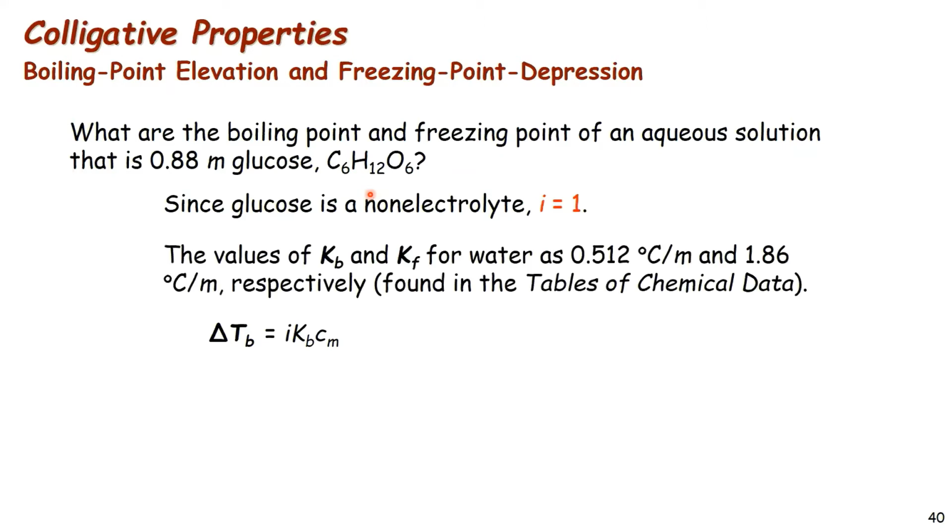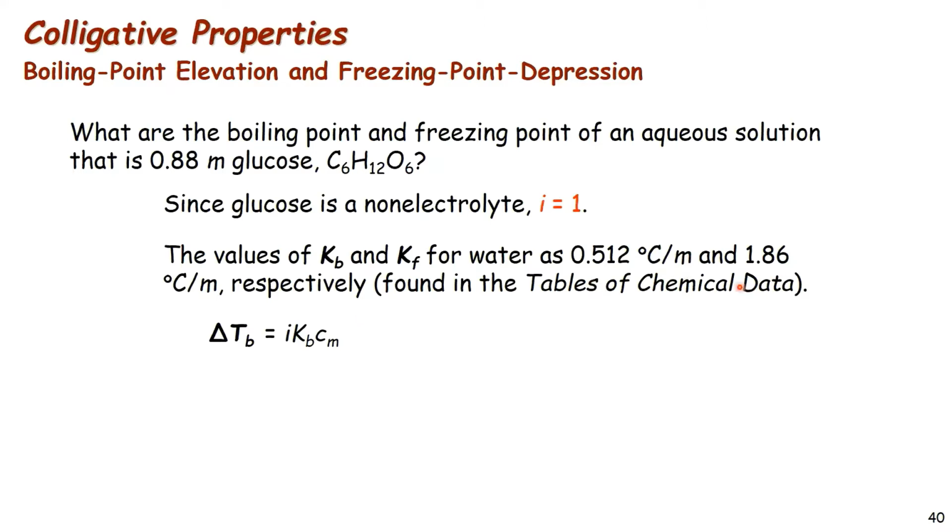Okay, now we're simply going to look up the values for the boiling point elevation constant and the freezing point depression constant, might as well, because we're looking for both. And when we look that up in a table, the boiling point elevation constant is 0.512 degrees Celsius per molal. That could also be given as degrees Celsius times kilograms divided by moles, since molal is moles divided by kilograms.